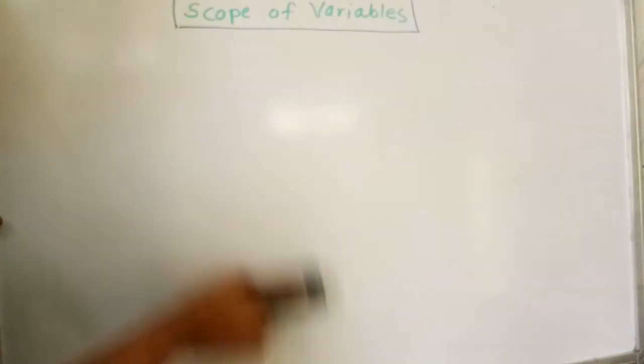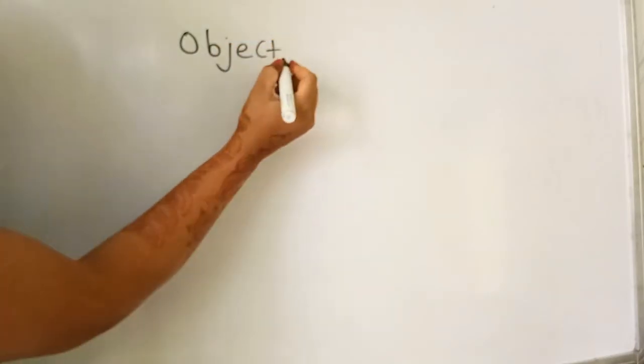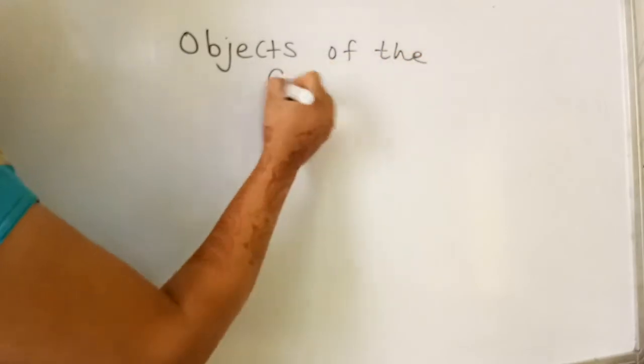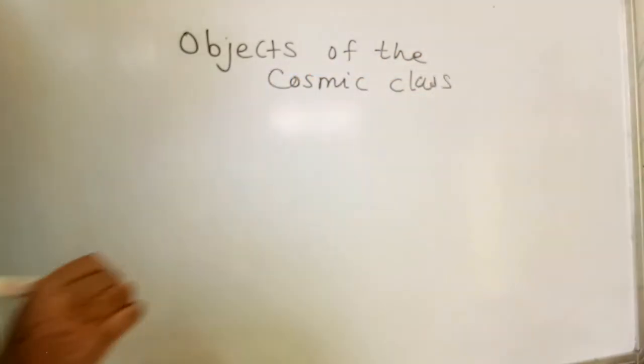Next mechanism of class and object is the objects of the class.